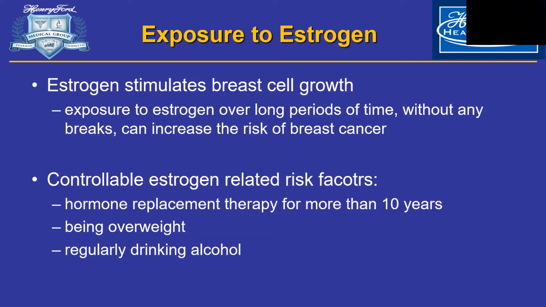Being overweight, again, that high BMI leads to higher peripheral production of estrogen and obviously an increased risk of breast cancer. And again, drinking alcohol regularly, because it increases that estrogen exposure.